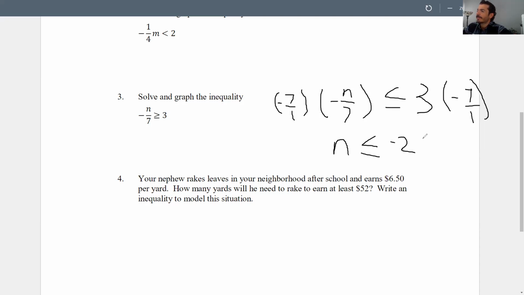And that's my answer. N is less than or equal to -21. So we'll do the same game here. Here's my 0. I'm going to put my negative 21 over here.